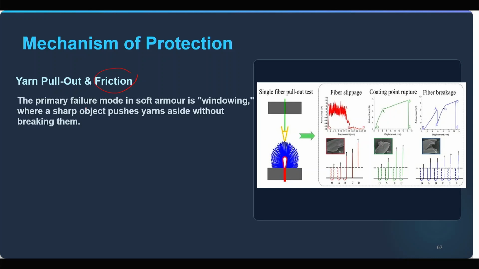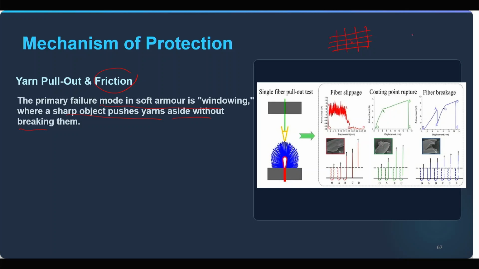The primary failure mode of soft body armor is windowing, when a sharp object pushes the yarn aside without any break. Suppose this is a textile structure and a sharp object like a knife tip or any pointed knife pushes in.